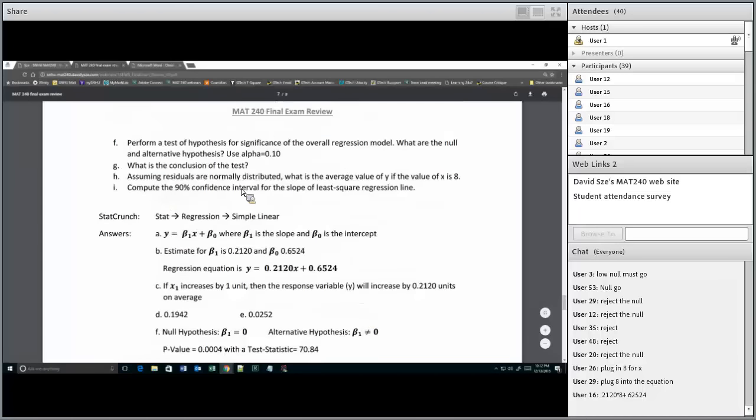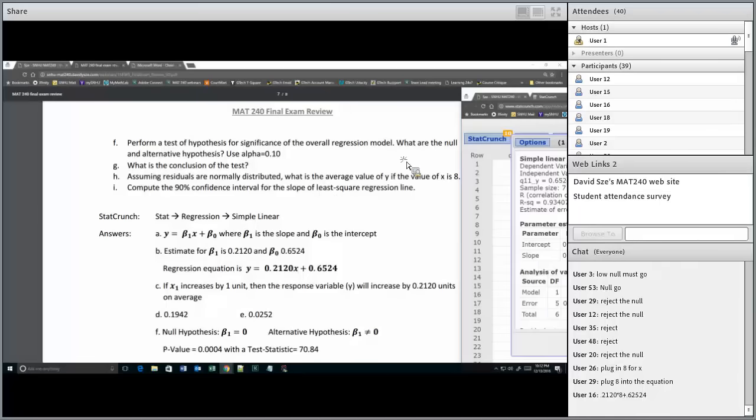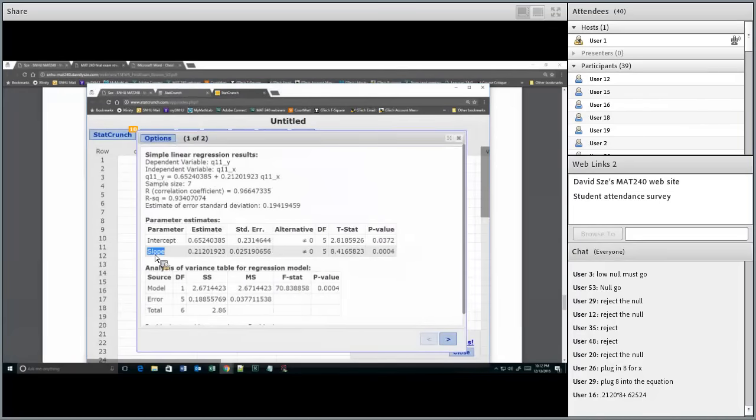And then you have to compute the 90% confidence interval for the slope of the least square regression line. So for the slope, how do I find the confidence interval instead of these hypothesis tests? How do I find my confidence interval?